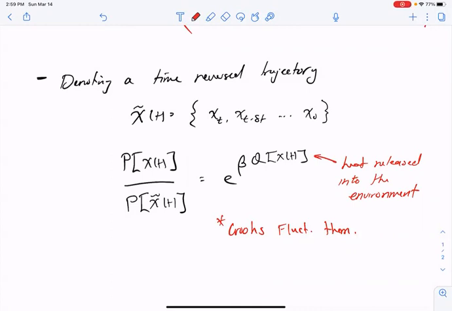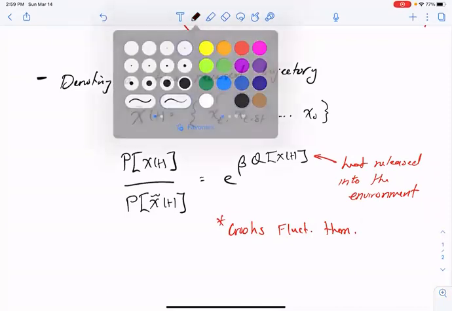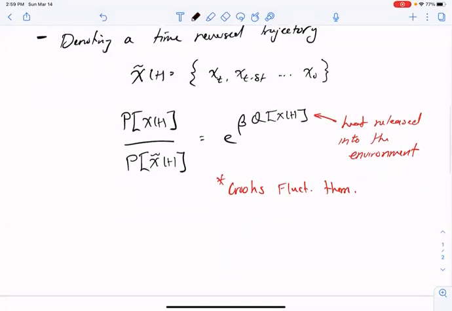It's a Jensen's inequality away from saying that heat always increases, or that entropy always increases. In fact, a concrete manifestation of this connection to macroscopic thermodynamics is to note that this implies the probability of doing some work on the system relative to the probability of seeing that work released.